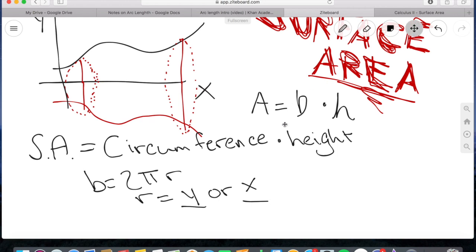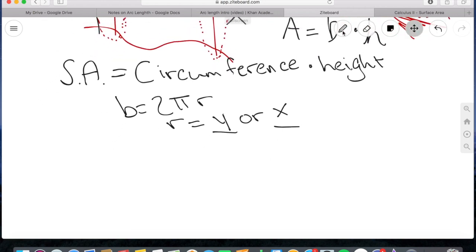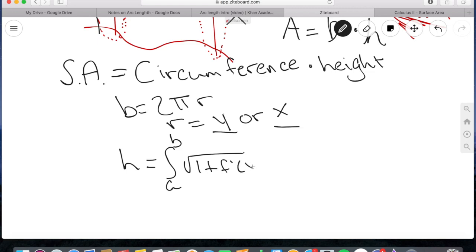Now we need to look at height. Again, height is arc length. So height is the integral from a to b of the square root of 1 plus f prime of x squared dx. So we know what base is, and we know what height is, which is the arc length.